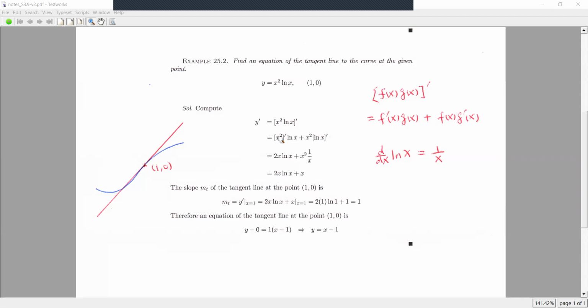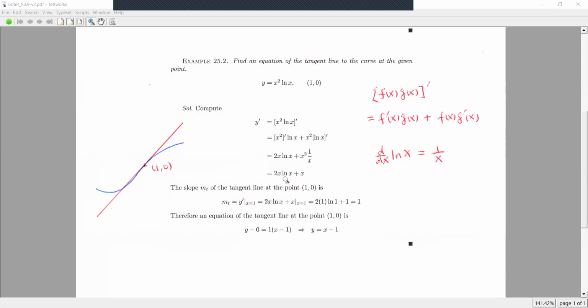Derivative of x squared by the formula for power function is 2x. Derivative of natural log of x by this formula is 1 over x. Now, cancel 1 x here, then this is the derivative of the function.